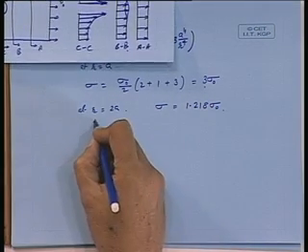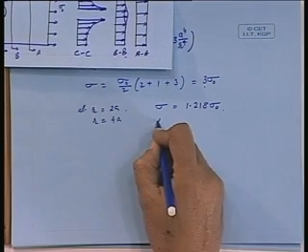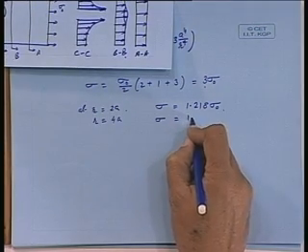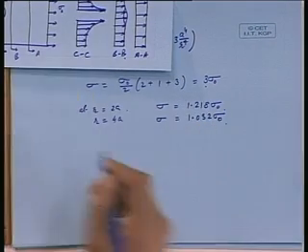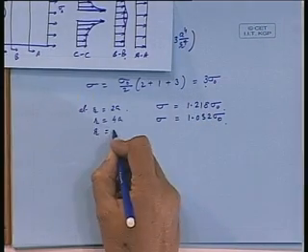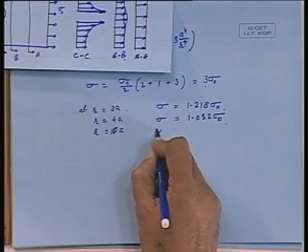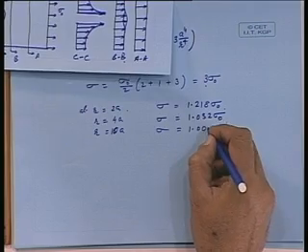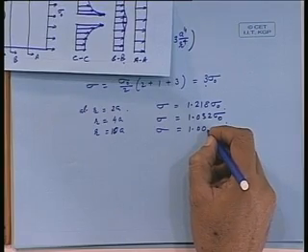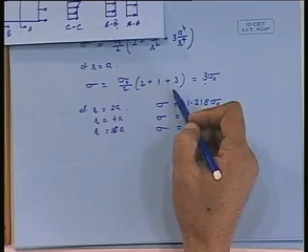Okay. At r is equal to 4a, this will be of the order of 1.032. And r is equal to, say, 10a, how much is it? This we should be in a position to calculate.